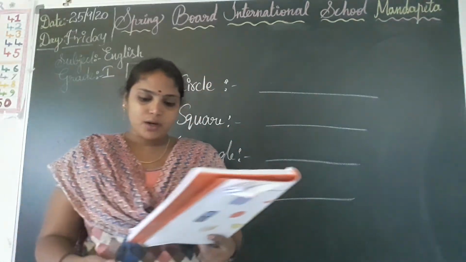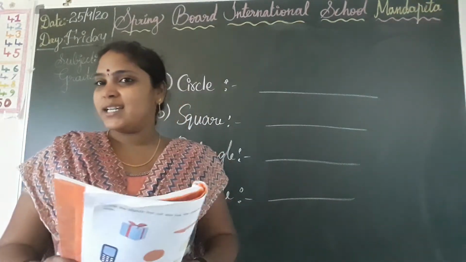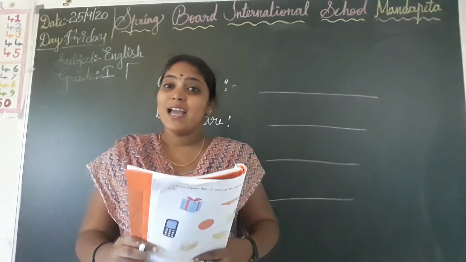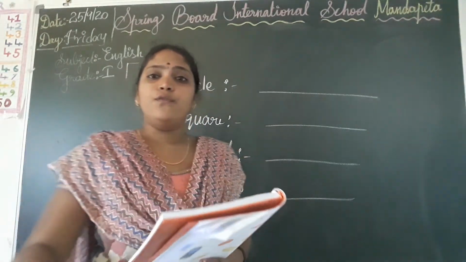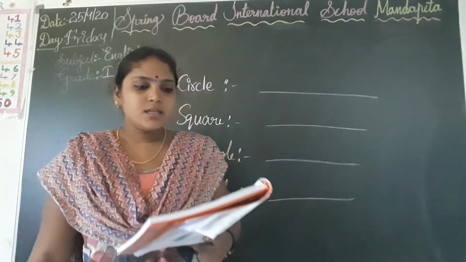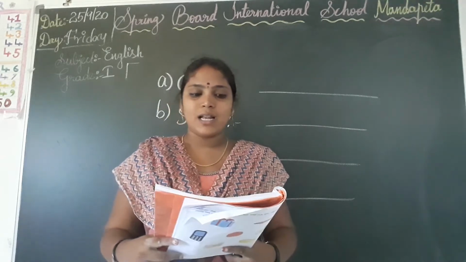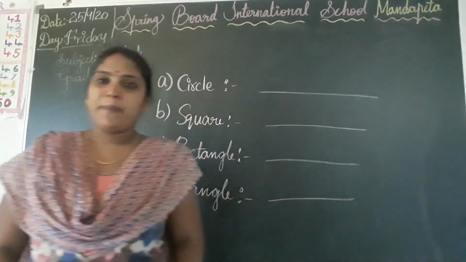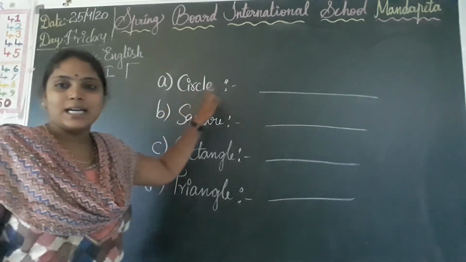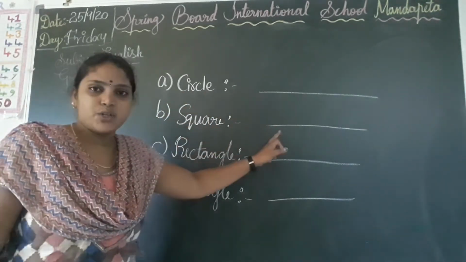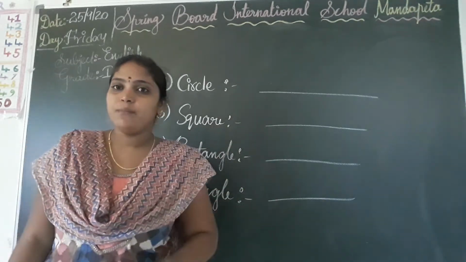Okay, next everyone open page number 17. Now this is project time. You have to do the project and send it to me. Discover the shapes in the food we eat. For each shape given below, think of a food item that looks like it. Write in the space given. So here you have to write the circle shape food items, square shape food items, rectangle shape food items and triangle shape food items.